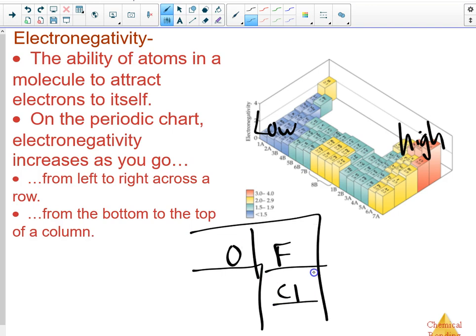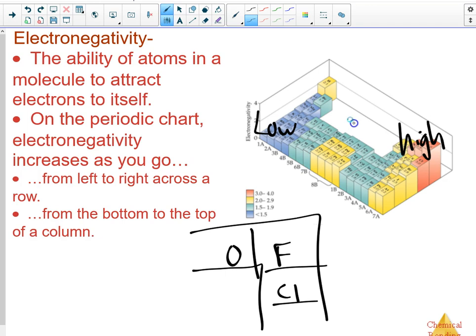So, the higher and righter you go, excluding family 8, all right? And if they were here, they do have some electronegativity, but they're small. All right, so fluorine the most, oxygen the second most, chlorine the third most. You need to know those three are super high, and then it decreases pretty much as you move away from them. As you move left, it decreases, and as you move down, it decreases. Go ahead.